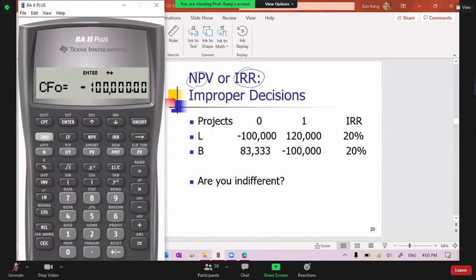Then for B, negative 100,000, enter. IRR, compute, 20%. So project L and project B both have the same IRR.